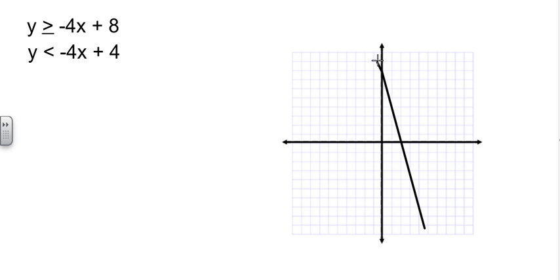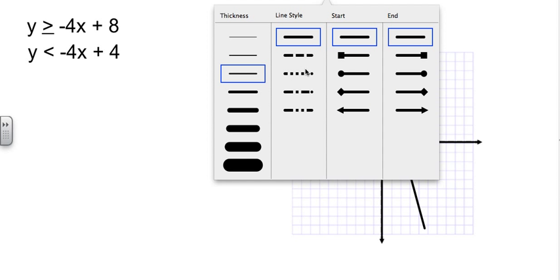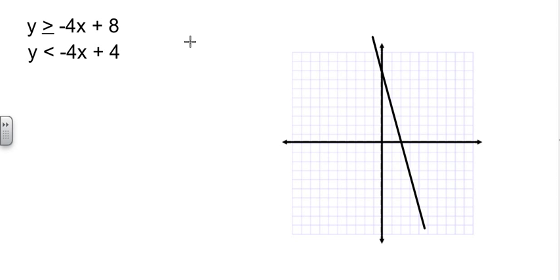And I chose a solid line because it was equal to, as opposed to the next one where I need the dotted line. We're going to start at 4 and go down 4 over 1, down 4 over 1. And surprise, surprise, they're parallel.